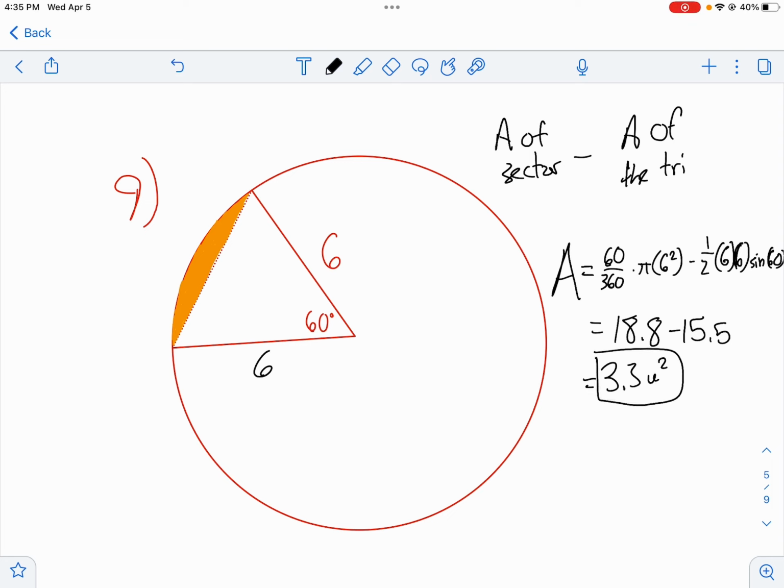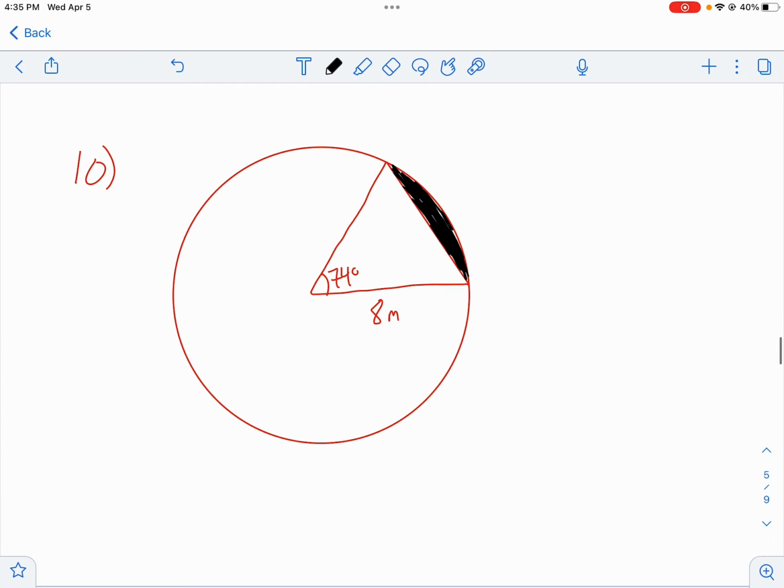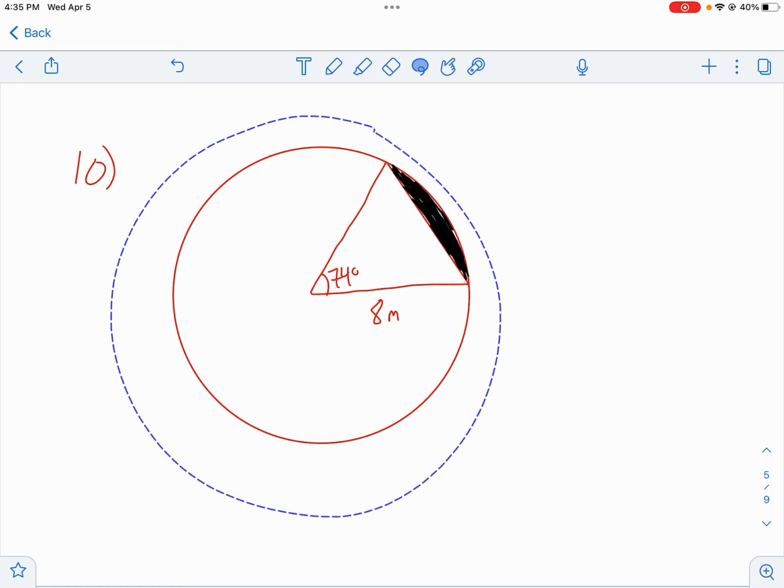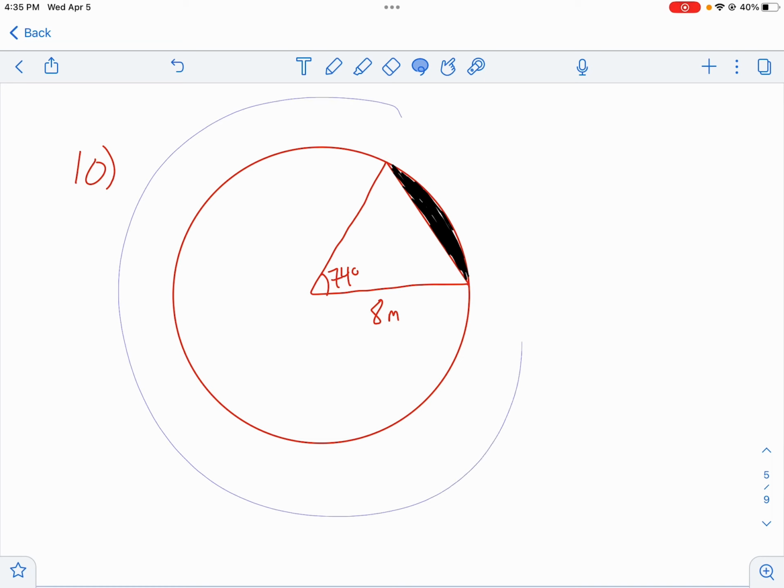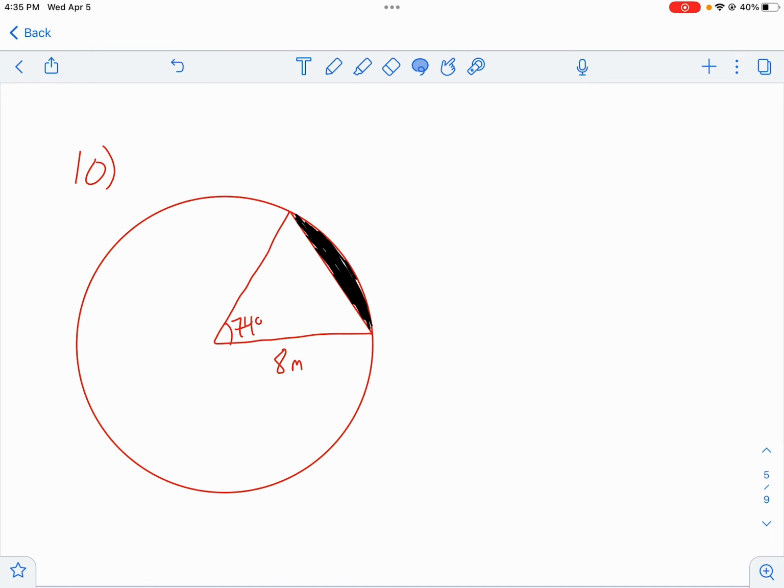It's an area. Good. That's the shaded section there. For the next shaded section one, we'll use trig to find the height of the triangle and figure out from there. We're going to start with finding the area of the sector, right? That's what we've got to do first. So the area of the shaded section is equal to the area of the sector, which is 74 over 360, right?